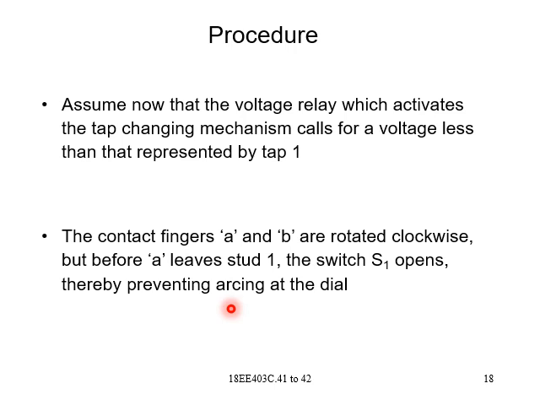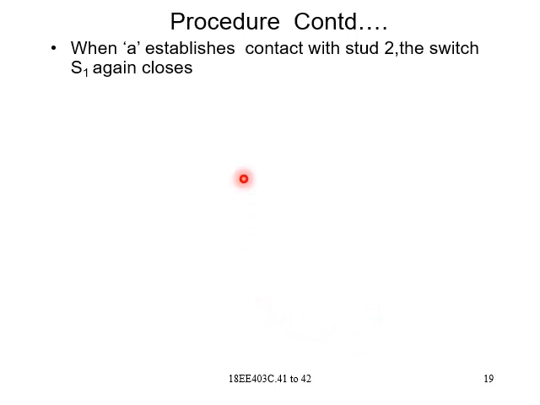So this is the kind of procedure involved in the continuation of the procedure in the next slide. When A establishes contact with stud 2, the switch S1 again closes.